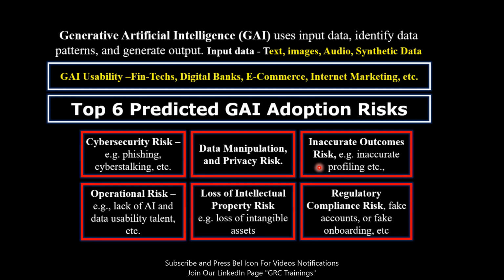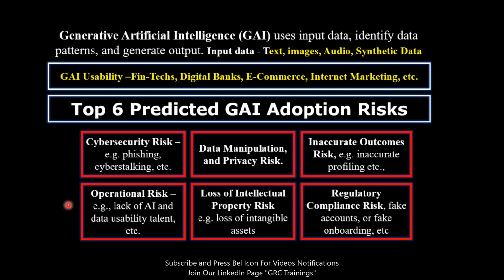The customer risk profile would be wrong, and on the basis of that wrong profiling, the customer would be provided different transaction threshold limits, and the customer might easily perform different fraudulent activities if inaccurate profiling of the customer is made by the generative AI.